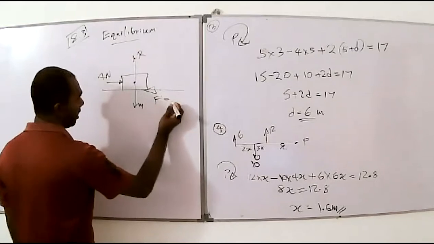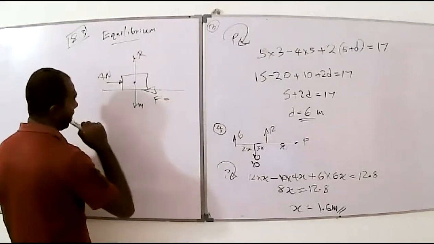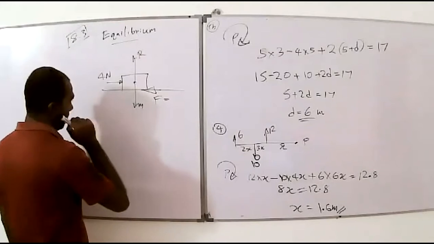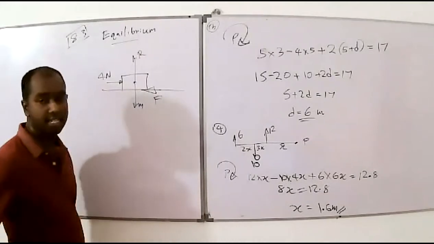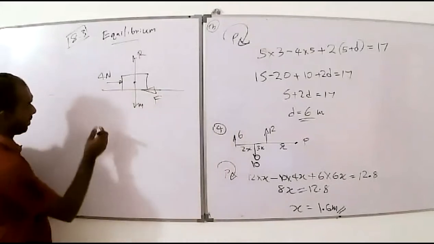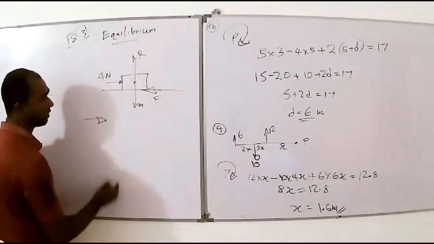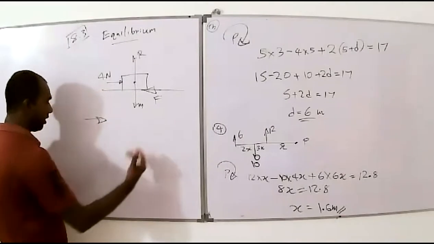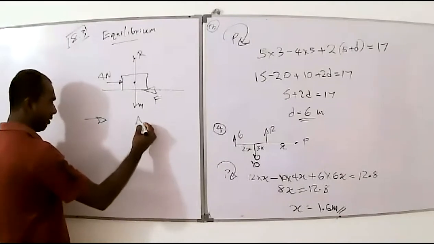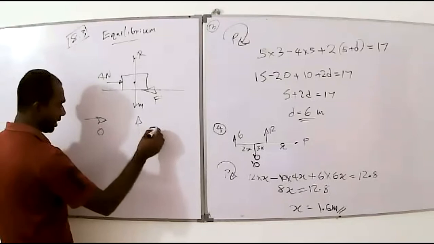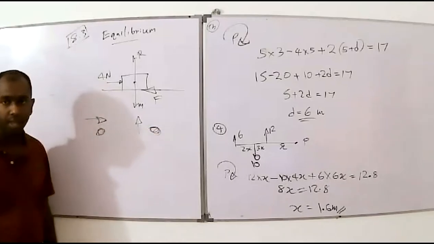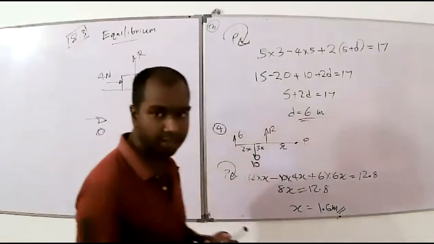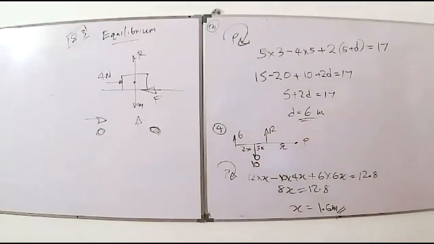Now, what's going to happen? If we say this object is in equilibrium, and we resolve forces in any direction, whether horizontal or vertical, what do we do? We take the resultant force as always equal to 0. We resolve forces in any desired direction and we take those as 0.